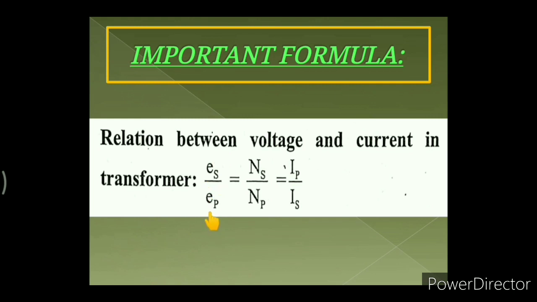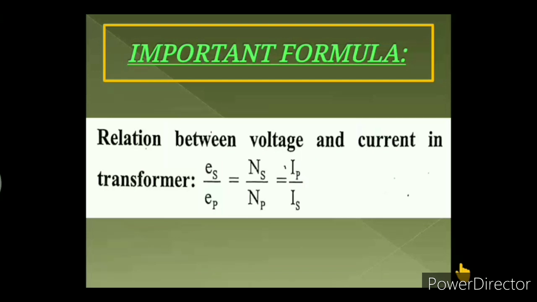ES and EP are the EMF induced in the secondary and primary coil, NS and NP are the number of turns in the secondary and primary coil, IP and IS are the current in primary and secondary coil there. Hence, we can write ES upon EP is equal to NS upon NP is equal to IP upon IS. So, these are the important formulas for the chapter electromagnetic induction that will be used to solve the numericals.